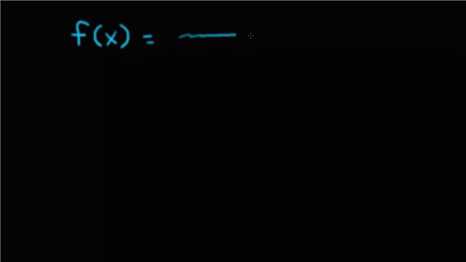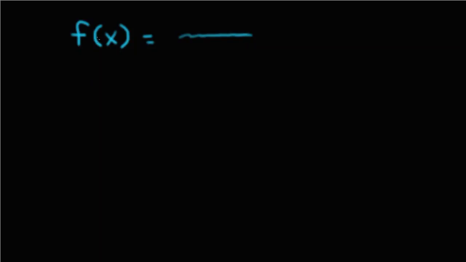Now you could also show it, instead of y, as f of x. And that's how you say this, f of x, a function of x, and then it is equal to some relationship out here.